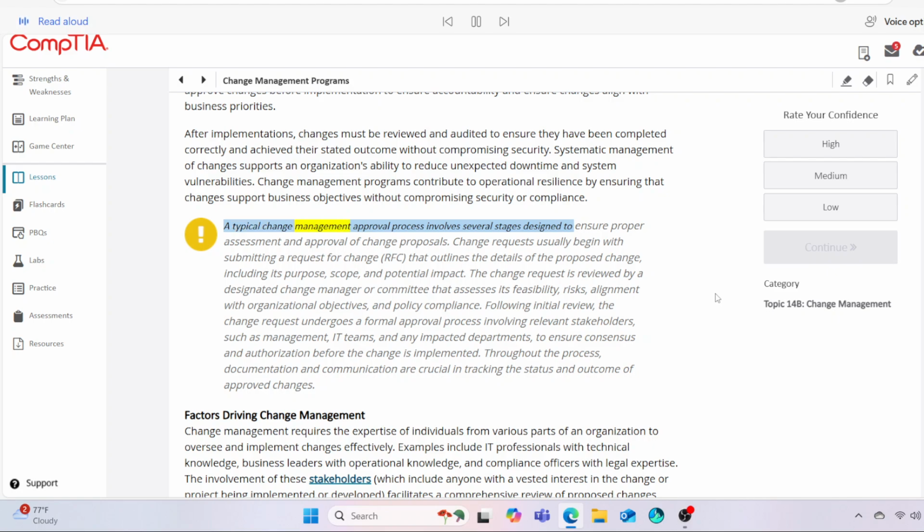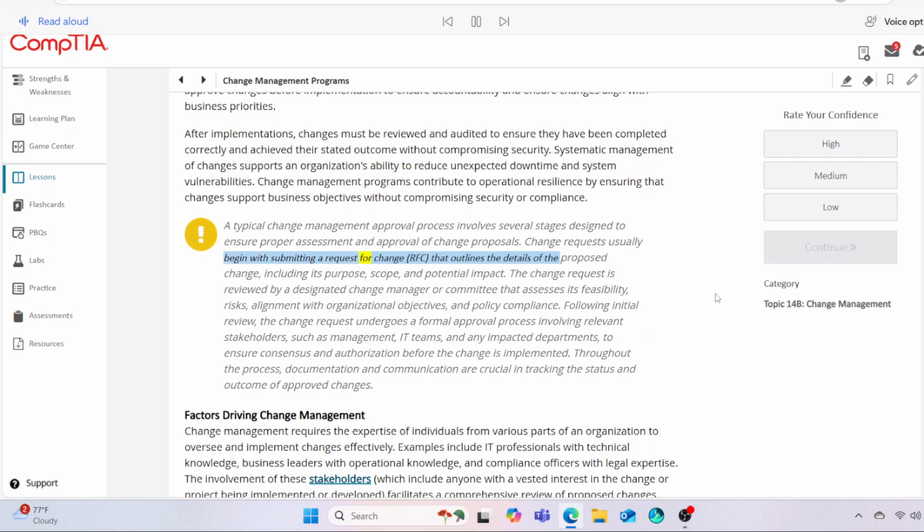A typical change management approval process involves several stages designed to ensure proper assessment and approval of change proposals. Change requests usually begin with submitting a request for change, RFC, that outlines the details of the proposed change, including its purpose, scope, and potential impact. The change request is reviewed by a designated change manager or committee that assesses its feasibility, risks, alignment with organizational objectives, and policy compliance.